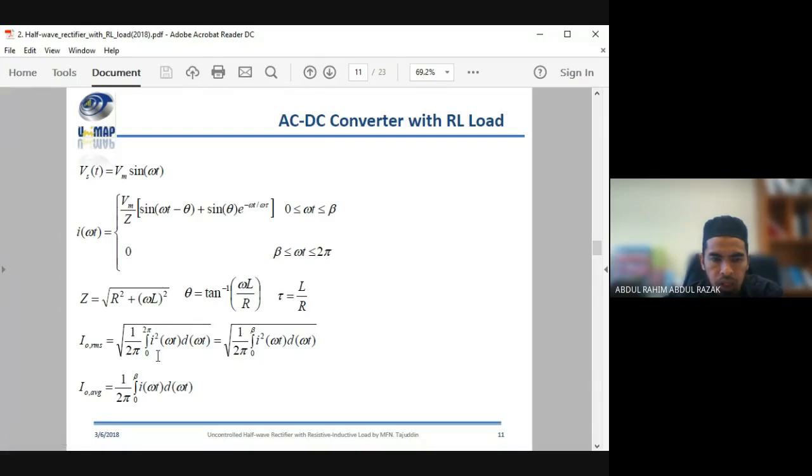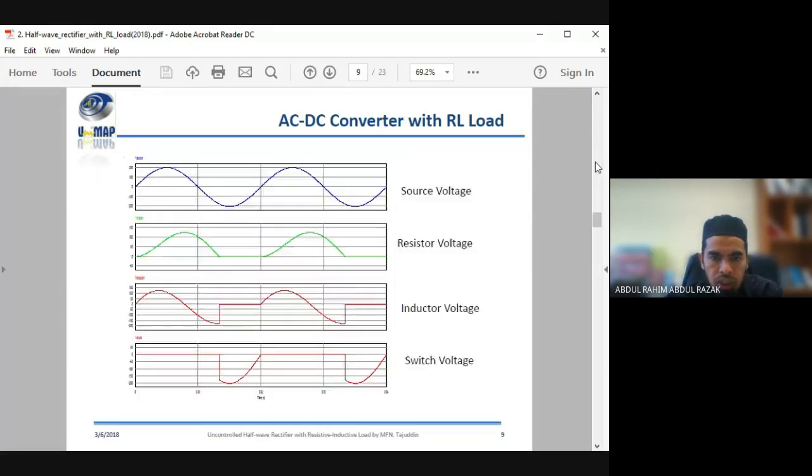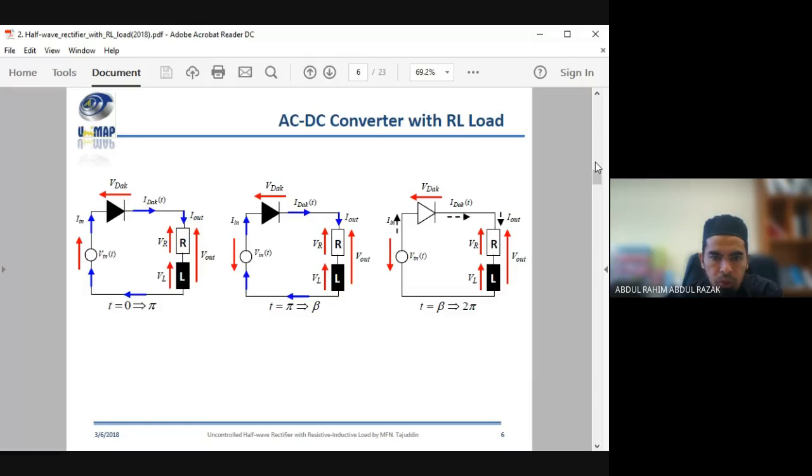And the average as well. Why do we need to calculate RMS and average? Because when we want to select the switch or the components that we want to put in place, to justify your device here, this is your converter. Let's say you have an input of 240 volts. You want to provide only 5 volts to charge your handphone. So the device is a small signal device, not so big.